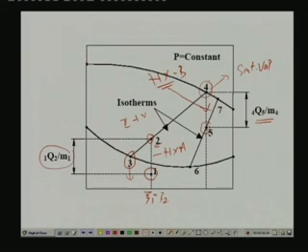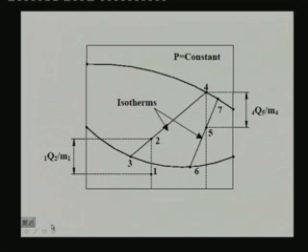So, you can again easily find this out if you know this and this. Similarly, if you know this, you can find out this point. So, we have got point 5. At this point again it is in the two phase region, so you have a mixture of saturated liquid at point 6 and saturated vapor at point 7. And at this point the vapor is taken out. So, what have we done during this process? What we have done is we have taken subcooled liquid.